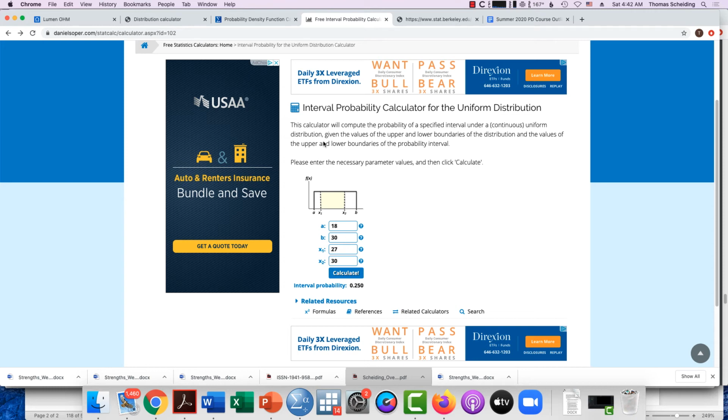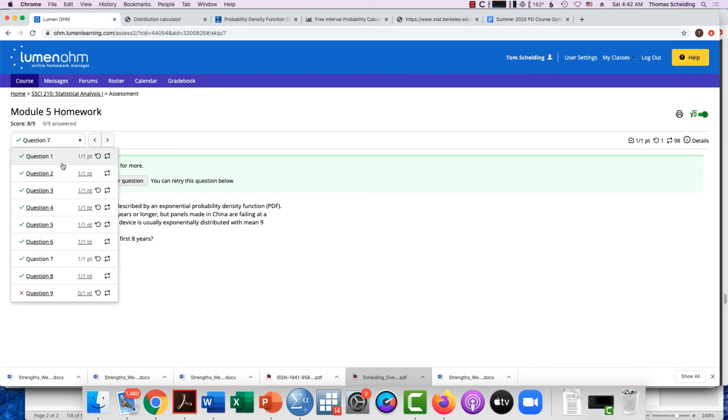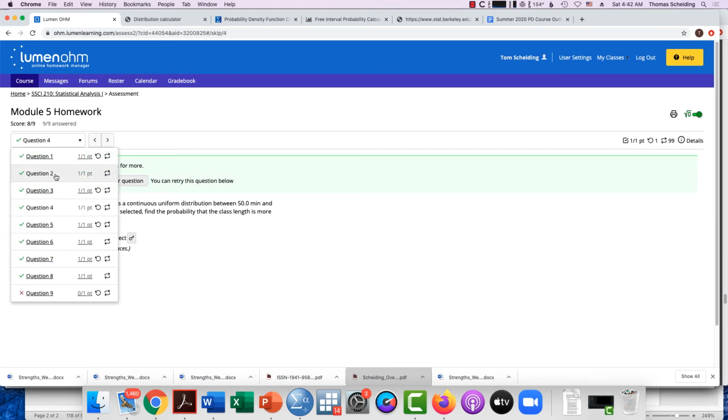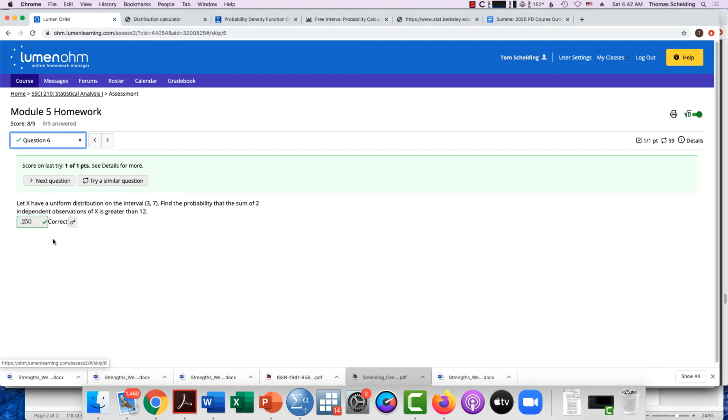Once you know which one it is, I can type the relevant numbers into the calculator, and that's what I did right here, which turned out to be exactly the answer that I wanted right here.